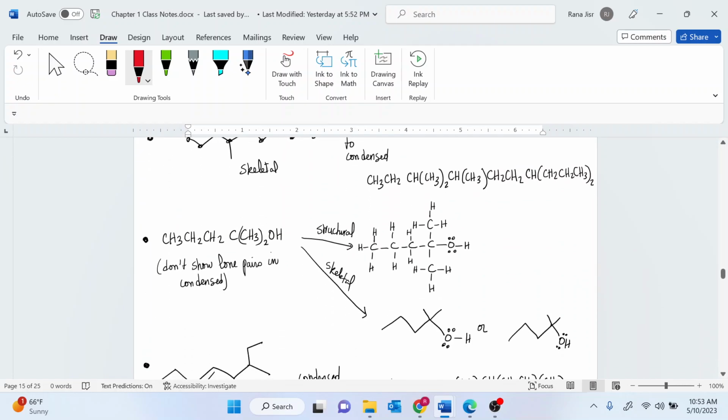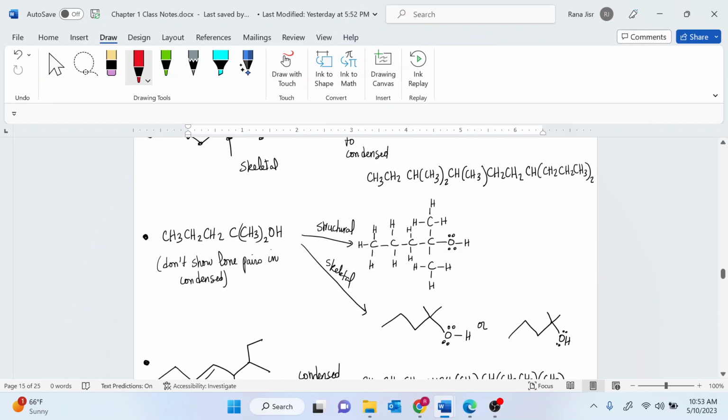Now, let's say, for example, if you include an oxygen in your formula there, everything stays the same. However, with the OH, you have to show the bond. You either have to show the bond or not. So it's really up to you whenever you draw the skeleton form. So it's not a must to show the bond.